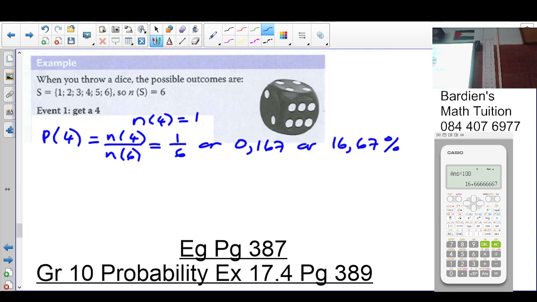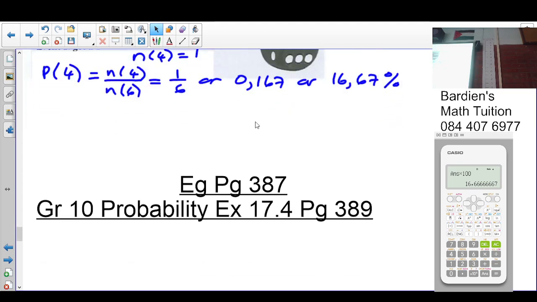So in an exam, you have the choice to give it in any of those 3 formats: either in simplified fraction form, in decimal, or in a percentage. All of those are acceptable, so you can decide which way you would like to write it.